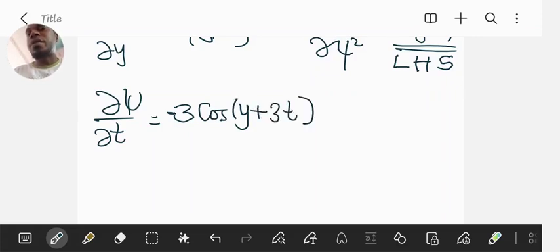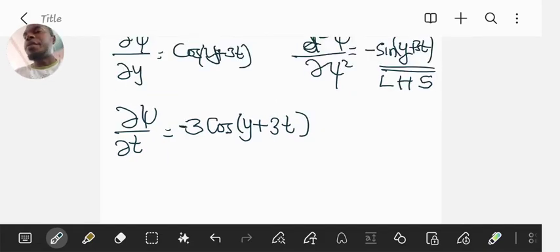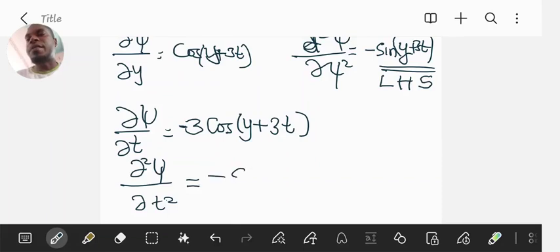Close the bracket. If you differentiate the same wave a second time, you again have to use the chain rule. In this regard, you'll get negative 9.